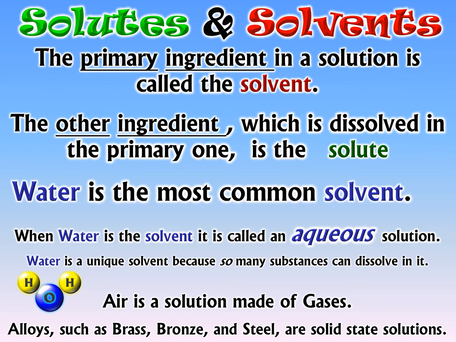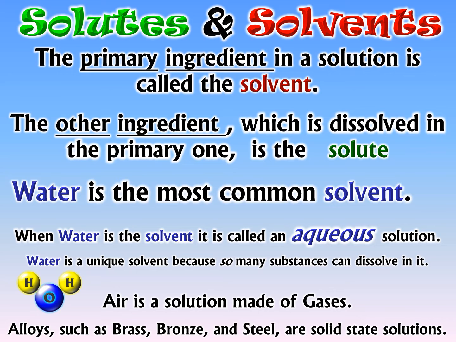But there are other kinds of solutions. They're not always liquid. For example, air, the air you're breathing, is a solution made of gases. It's not just one chemical, right? It's more than one, and they're mixed and they stay together. That is a solution. Another example of a solution is brass, bronze, steel.